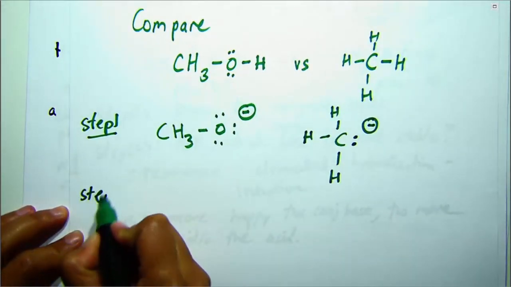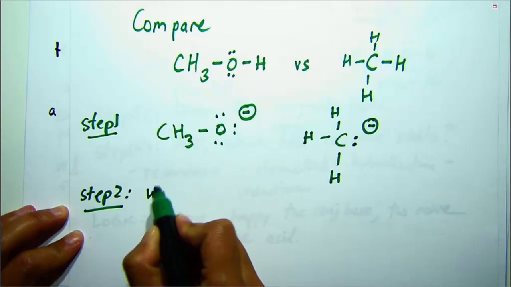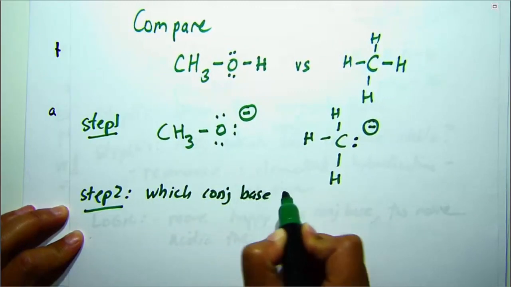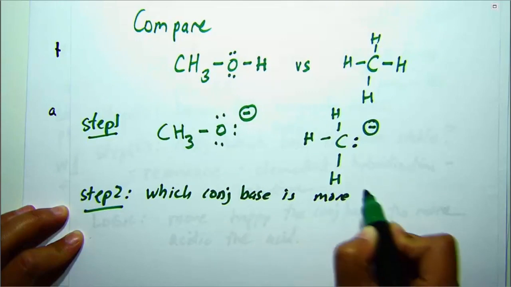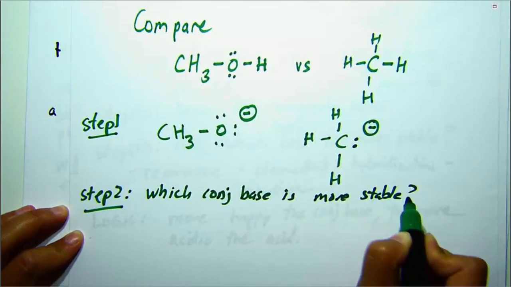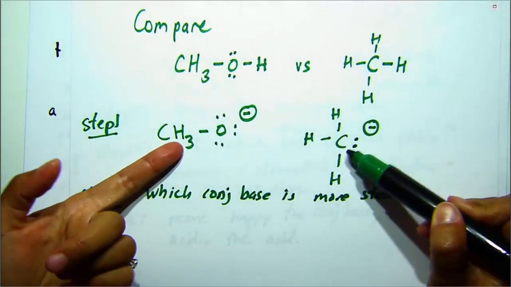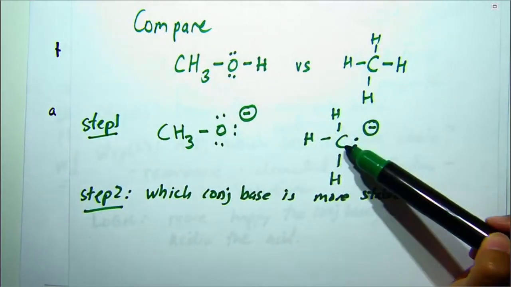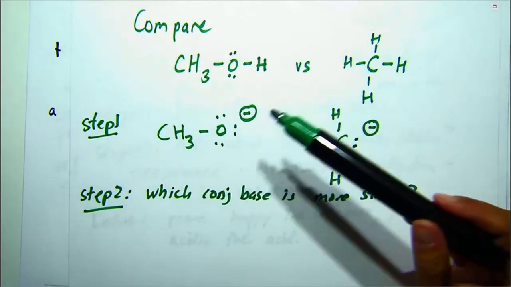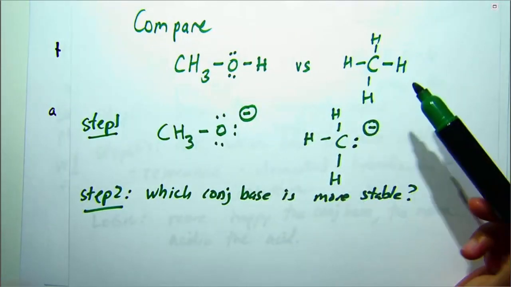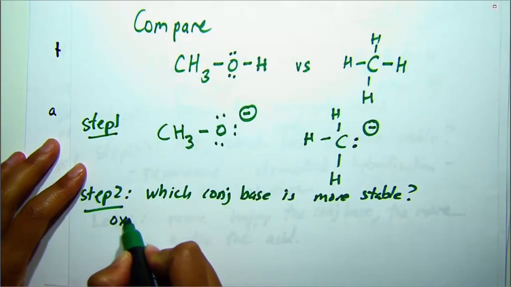Step two, ask which conjugate base is more stable. Now this effect is actually pretty huge as well. There's no resonance in these structures. These are actually two completely different elements. We're comparing O minus versus C minus. Which one's more electronegative, oxygen or carbon? Well, oxygen is more electronegative.